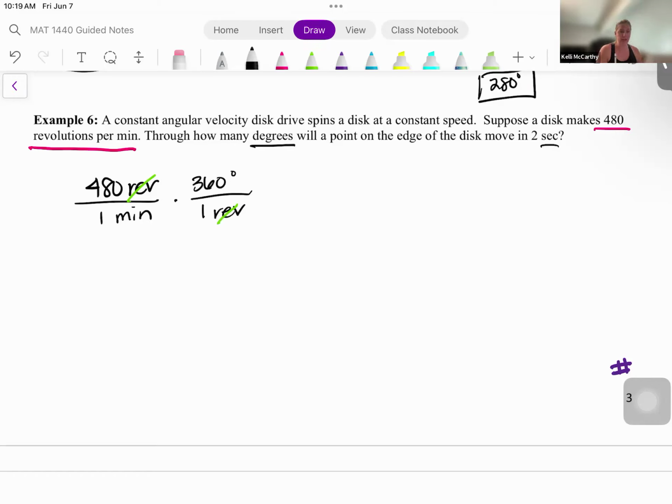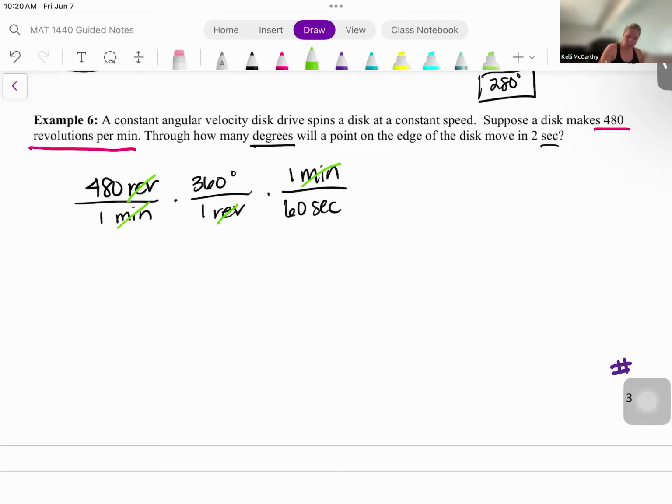Now, we also want to convert to seconds. So likewise, we're going to multiply by another unit conversion, converting minutes to seconds. Since we want minutes to go away, we want minutes in the numerator and seconds in the denominator. Again, we can see that now the minutes divide out in the numerator and the denominator since we're multiplying across fractions.